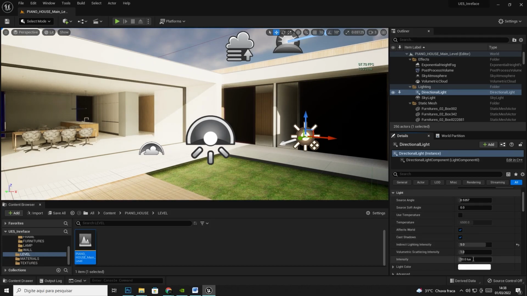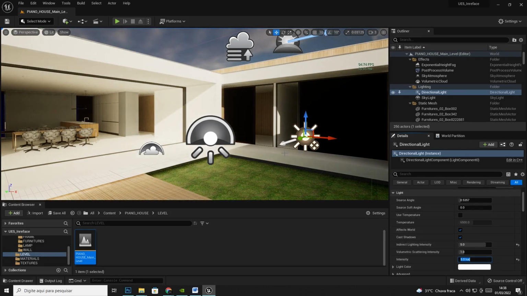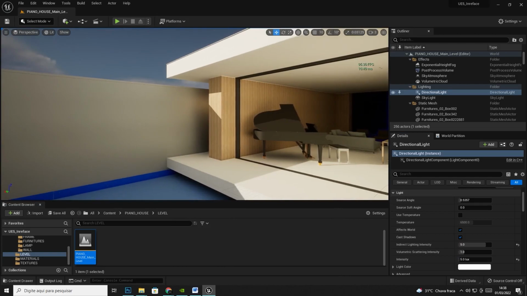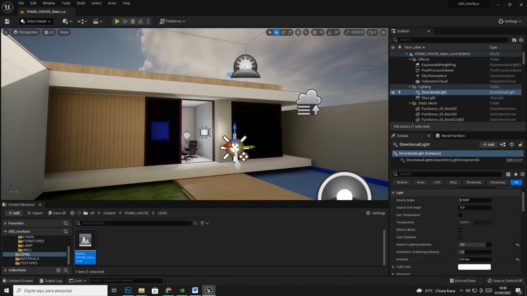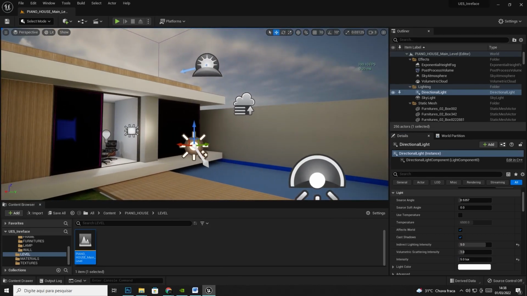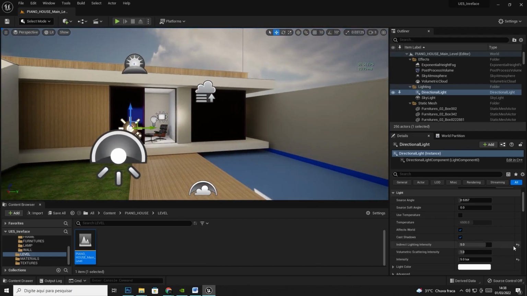However, we have that light very strong there. Let's try to decrease the intensity of that. Okay. So with these parameters, we adjusted the intensity of the indirect light.